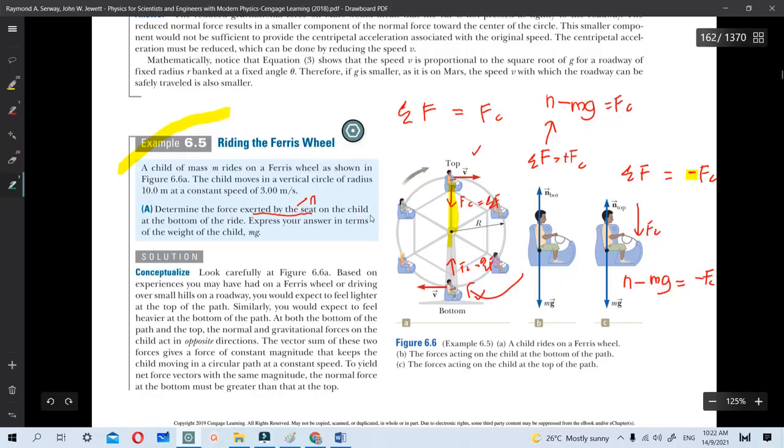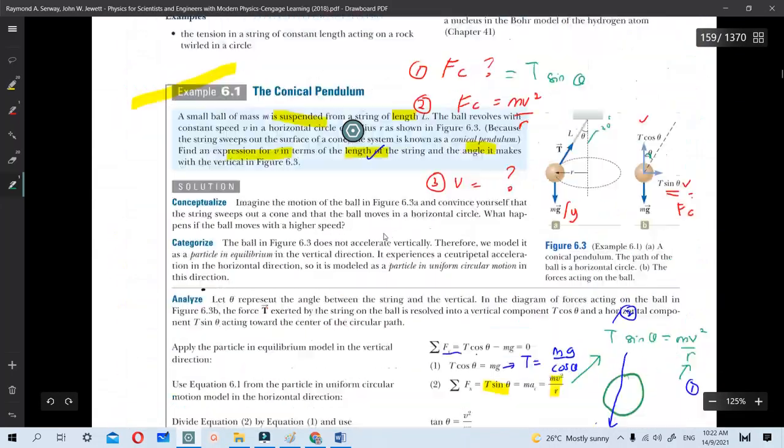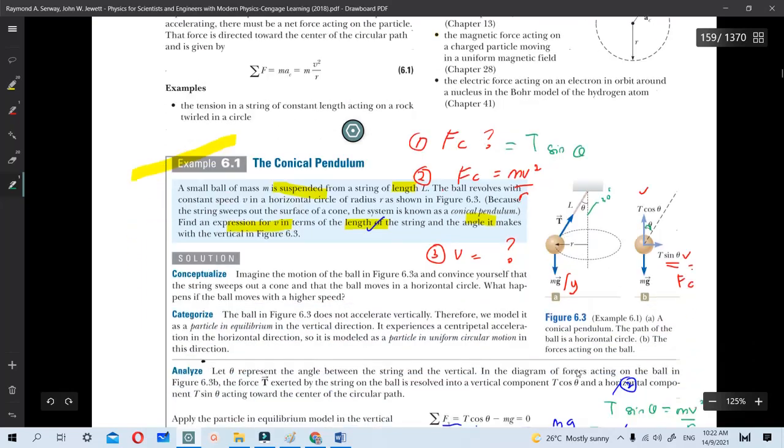Here you find a few examples. The basic idea is that whatever force is in the direction towards the center is the centripetal force. In the conical example, you have to open up the components, and the force towards the center is the centripetal force.